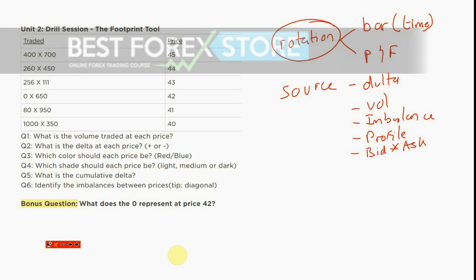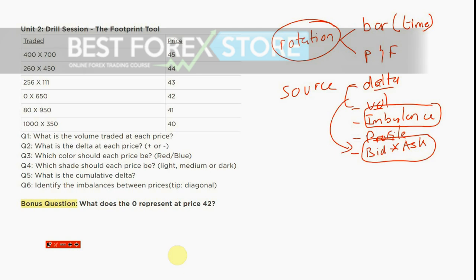In terms of the source, we are predominantly going to focus on the bid times ask, as well as develop a specific strategy utilizing the imbalance. Just to note, the reason we don't utilize the delta, volume, and profile is very simply because you can get all of that information within the bid times ask source.